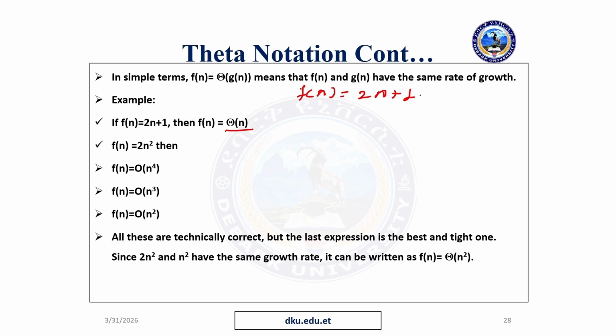It should be a tight bound between c1 times g of n and c2 times g of n. Let me rewrite the definition: c1 times g of n less than or equal to f of n less than or equal to c2 times g of n.